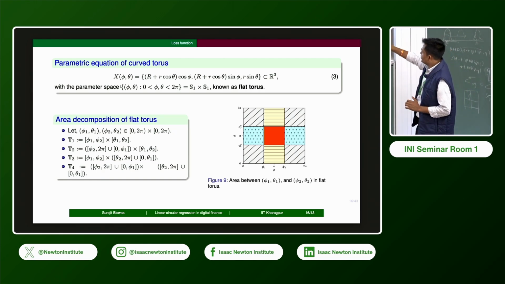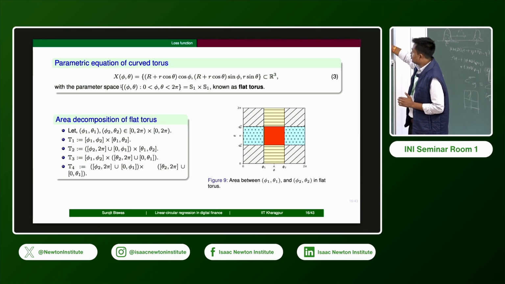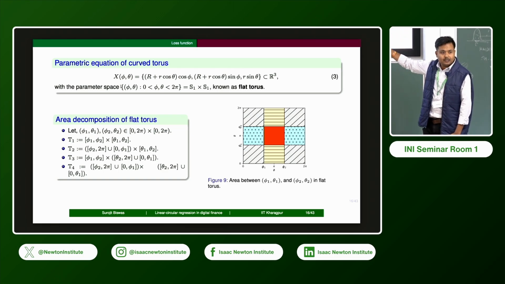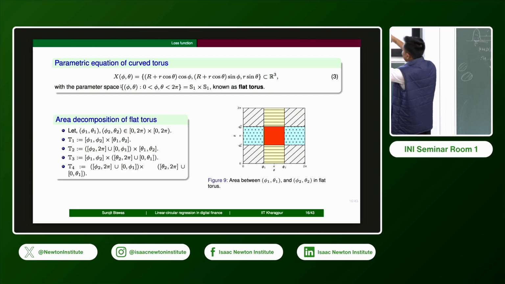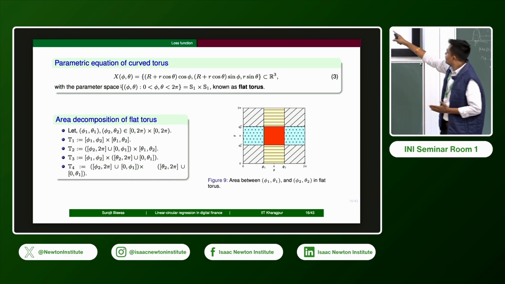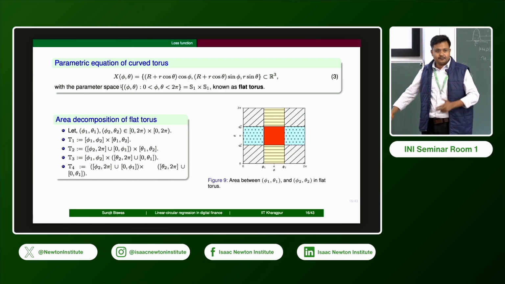Now any area between two points, phi 1 theta 1 and phi 2 theta 2, can be decomposed in 4 ways. Another thing is that the two vertical sides are identified, and the horizontal and the upper one are also identified, right?